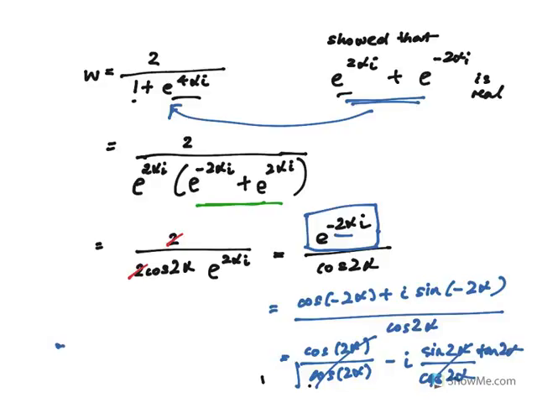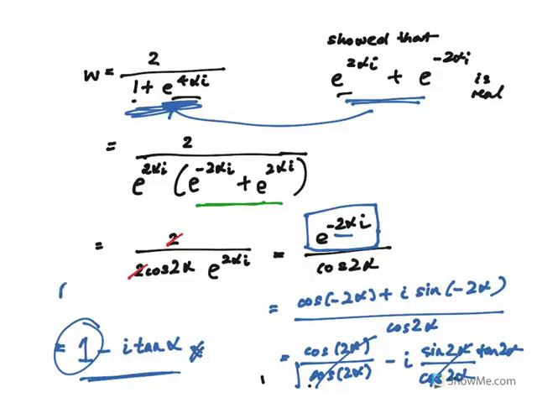So my final answer comes out to be 1 minus i tangent 2 alpha. This is a rather challenging question because you really need a lot of observation to be able to find part 1 appearing in the denominator. From here, you can see that the real part of w is just equal to 1, and therefore we have shown that the real part is 1.